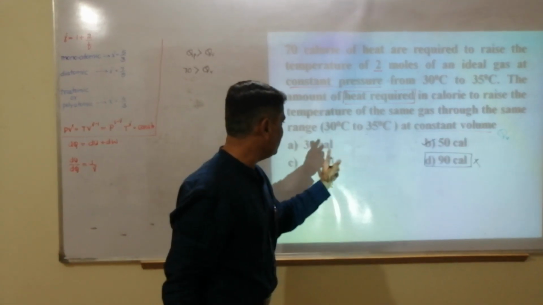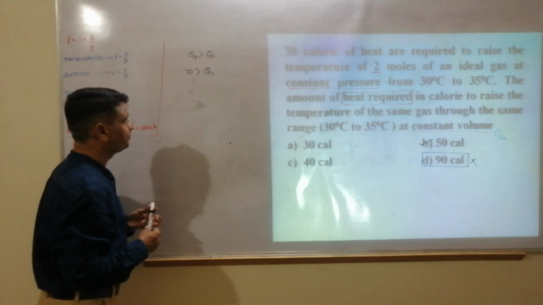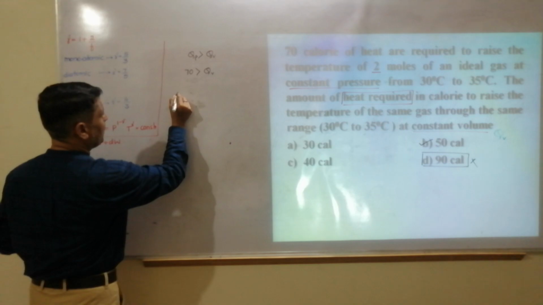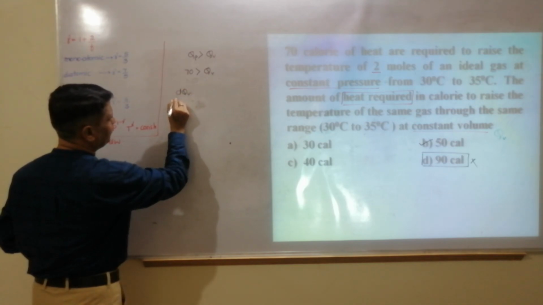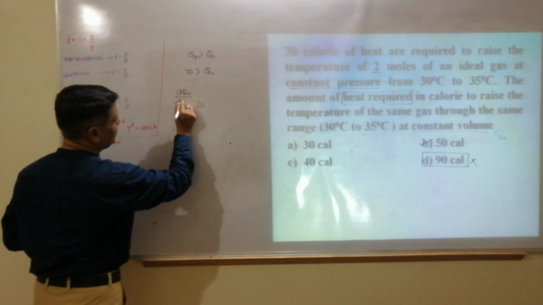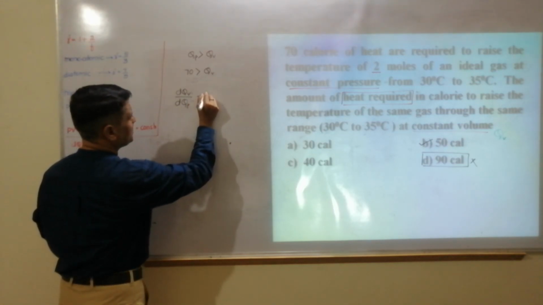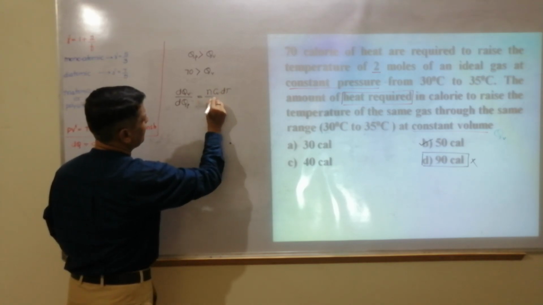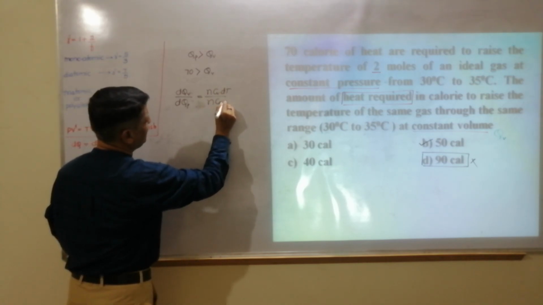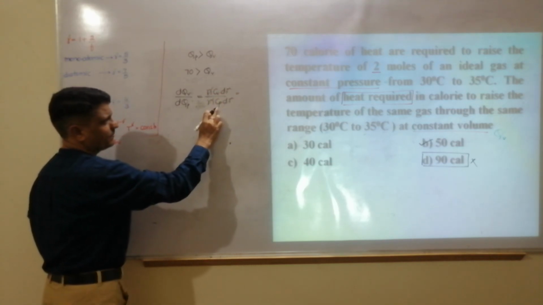See, already I said the answer is either A, B or C. Now, as we know, dQ at constant volume by dQ at constant pressure, if you substitute here nCv dT or nCp dT, this gets cancelled. It is Cv by Cp.